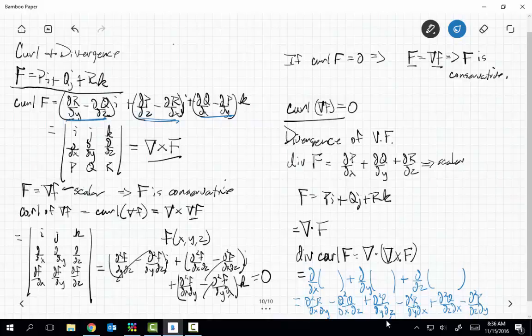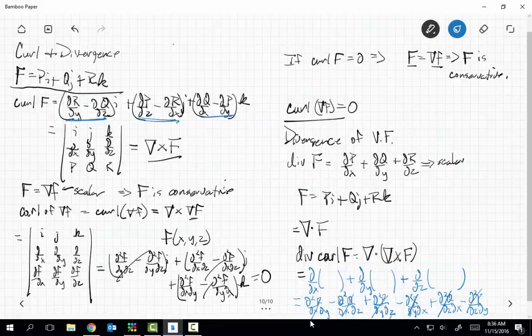Now, if you look really closely, let's look at what we got here. I've got partial squared p over yz, or zy, but Clairaut's theorem says that doesn't matter, so those guys cancel. Partial xz, partial zx, Clairaut, we love that guy. And last but not least, what's this guy?